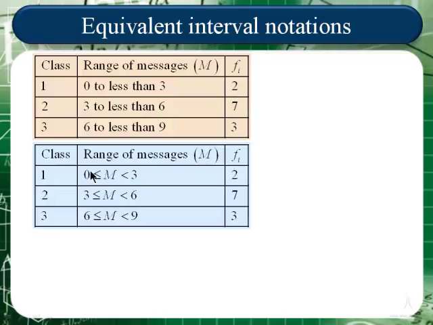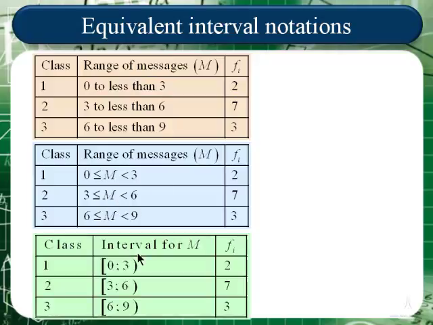We could use this type of notation where we indicate the variable M, and we say M is smaller than 3 but greater or equal to 0, or M is less than 6 but greater or equal to 3, or M is greater or equal to 6 but less than 9. Now this implies the word but or and in between.